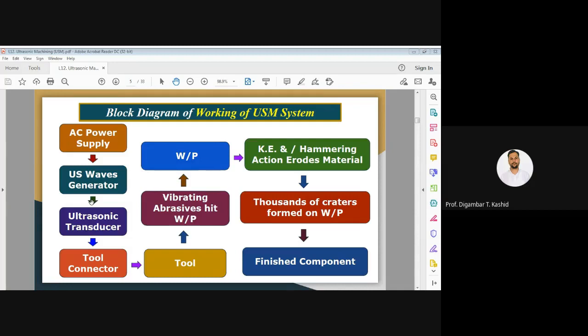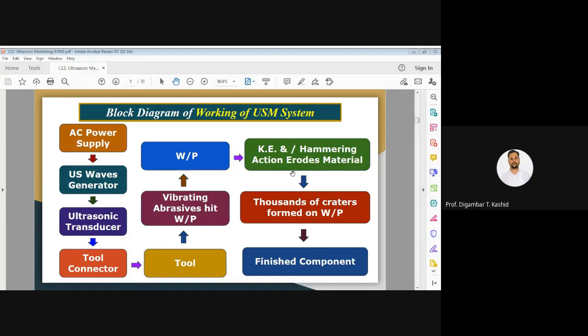Vibrations coming from the tool are transported to the abrasive slurry, and through it they transfer to the top surface of the workpiece. Due to the impact of the abrasive particles, the metal will be removed from your workpiece. That impact you get from the kinetic energy and hammering action, so there is erosion of the workpiece metal.